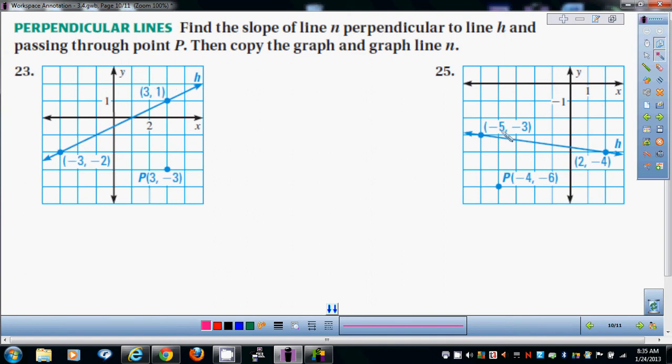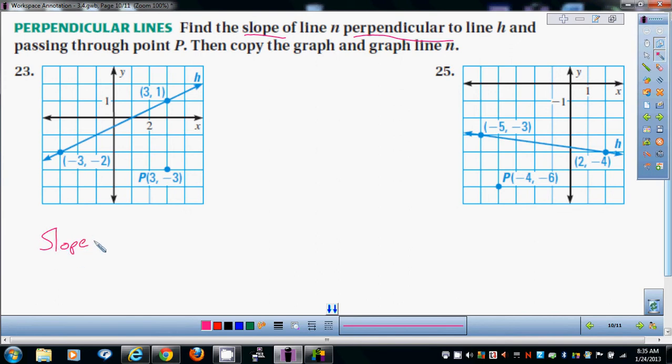Let's just do 23 together. Slope. Oh, do you already have it? We're going to work it out together, but I'll ask you and see if you got the same thing in a second. Slope: -2 minus 1. If you did it in a different order, it's not going to matter.